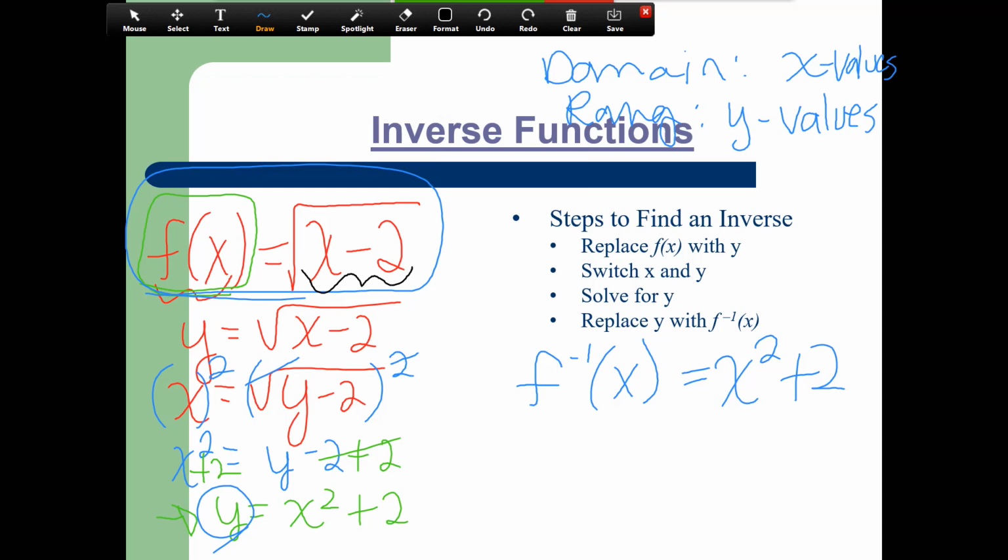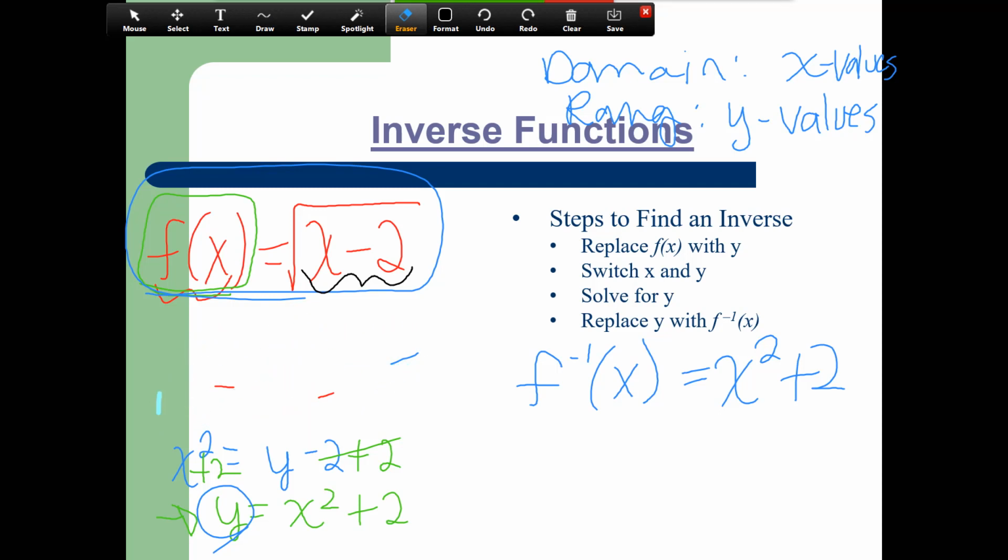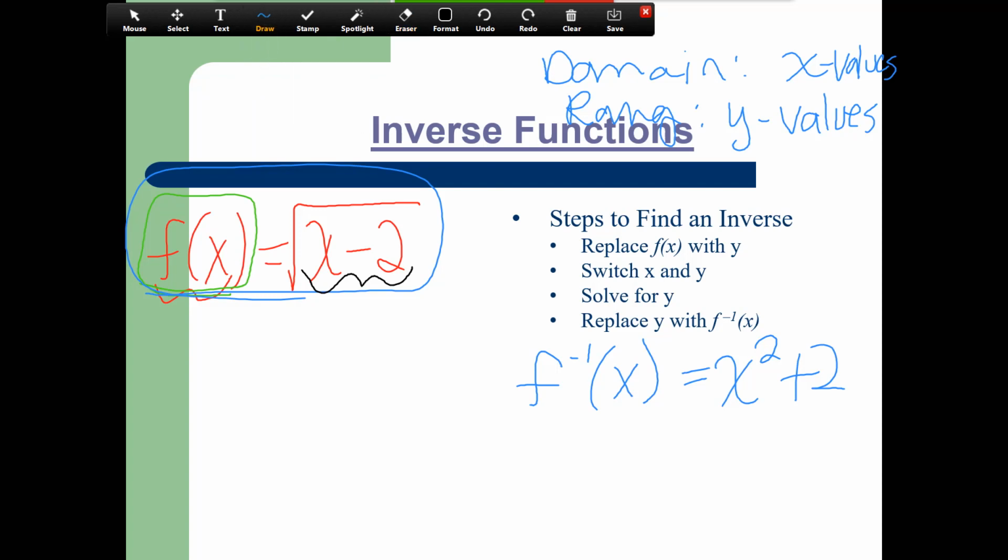So let's find our domain for this, because our domain for the original function is going to be the range for our inverse function. So this x minus 2 in the original function has to be greater than or equal to 0. If we solve that for x, we'll find out what the domain of the original function was.